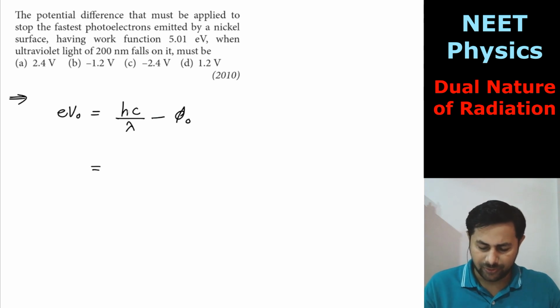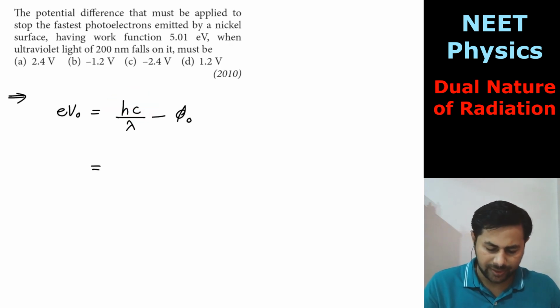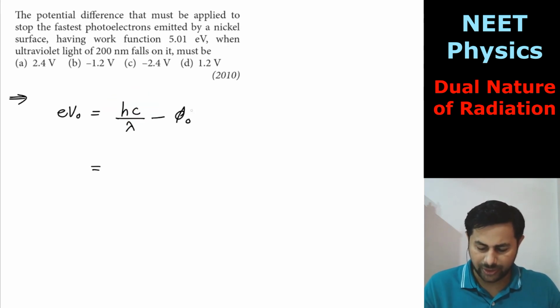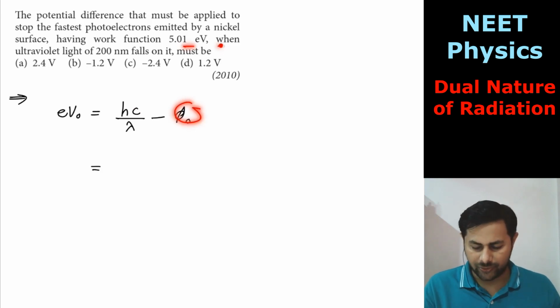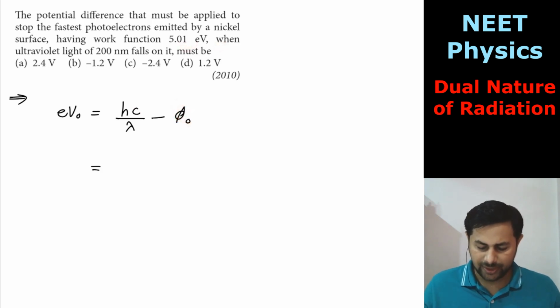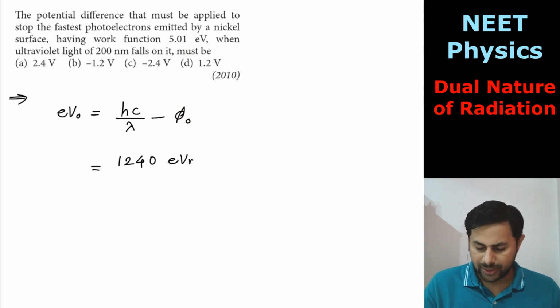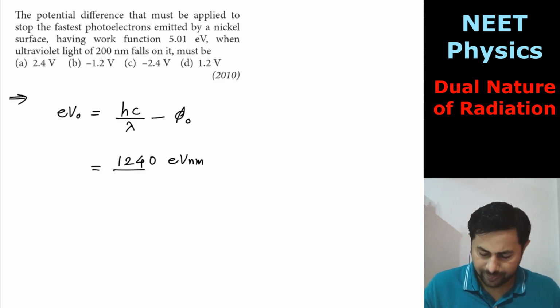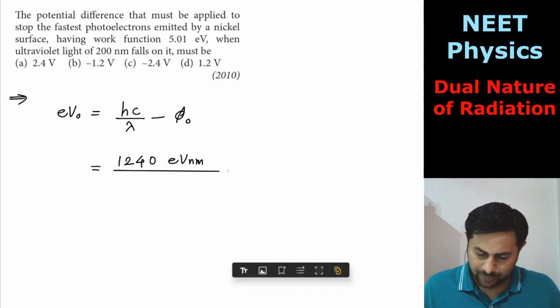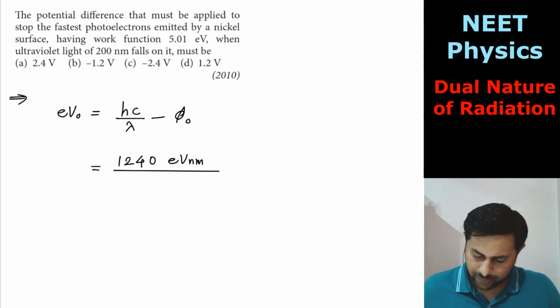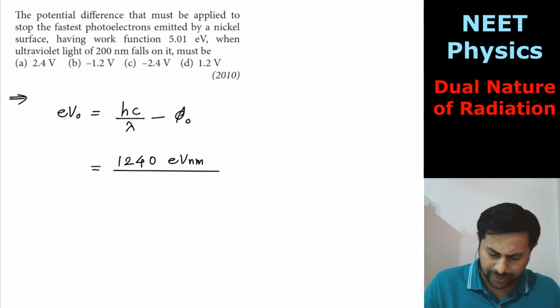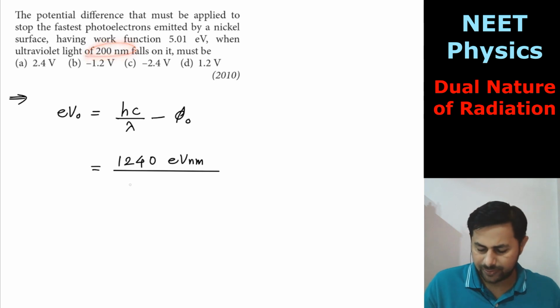So then put the values. What is hc? Phi naught is given in electron volts, right? hc we know is 1240 eV nanometers, divided by lambda. What's lambda? Lambda is 200 nanometers. Just substitute that.